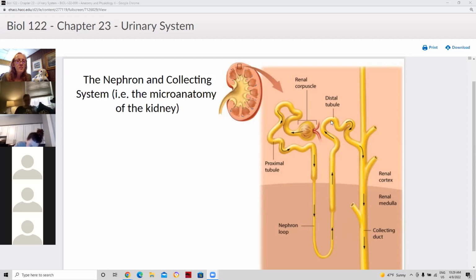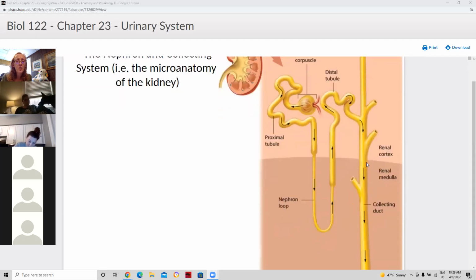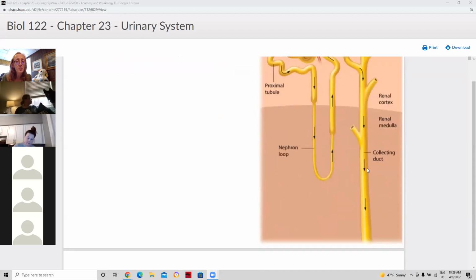The filtrate, as it moves through the distal convoluted tubule, is going to enter a collecting duct and drain into the collecting duct, which will ultimately drain into a renal papilla, which will drain into the minor calyx.